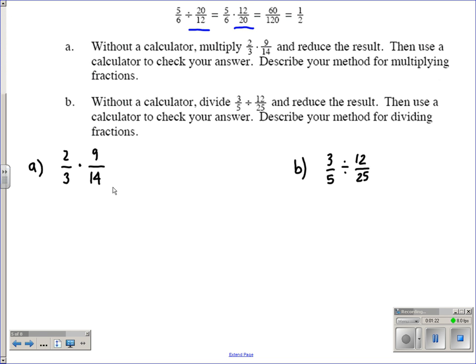2/3 times 9/14. One thing to remember when dealing with fractions is that you can either multiply, then simplify, or you can do the opposite: simplify, then multiply.